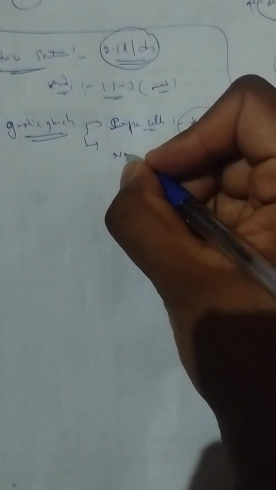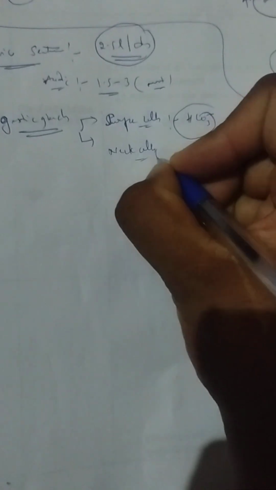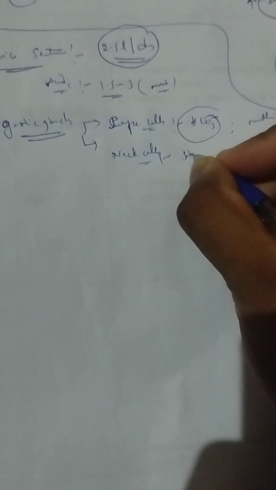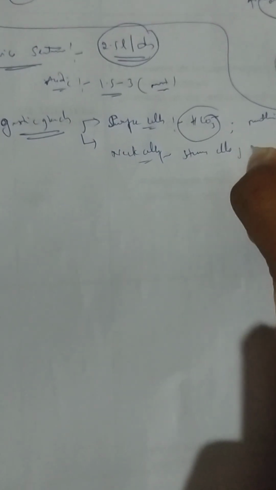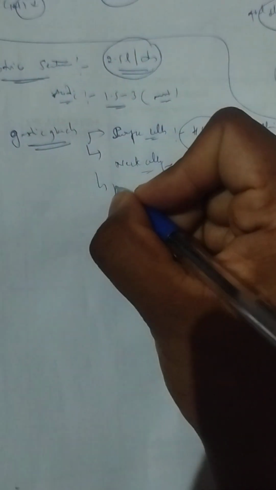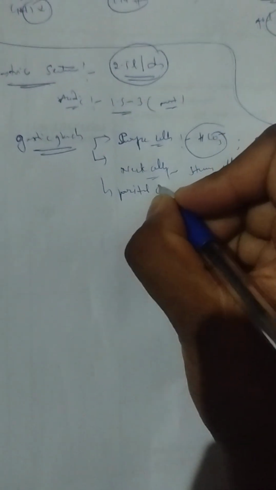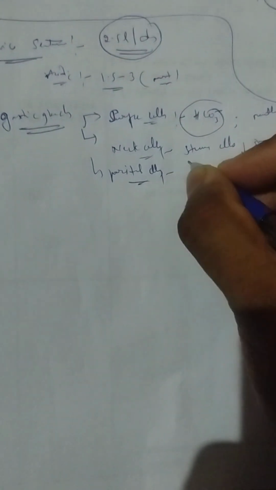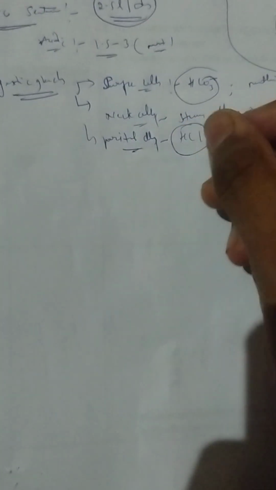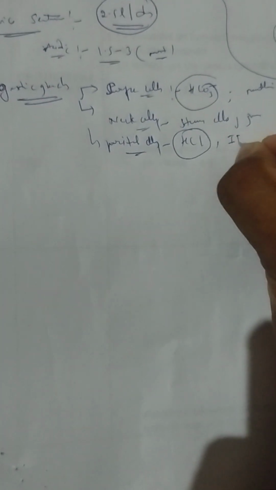Next we have neck cells. These are the stem cells of the gastric glands. Next we have parietal cells. They produce HCl, hydrochloric acid, and intrinsic factor, that is Castle's intrinsic factor, which helps in vitamin B12 absorption.